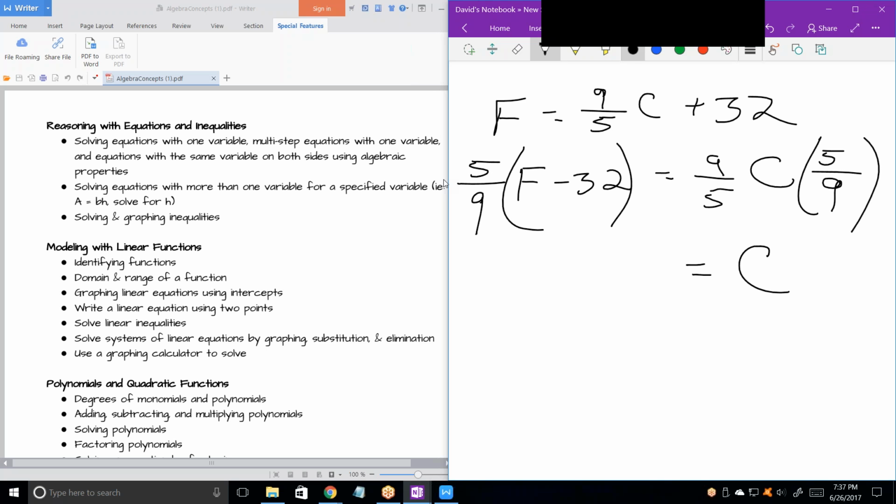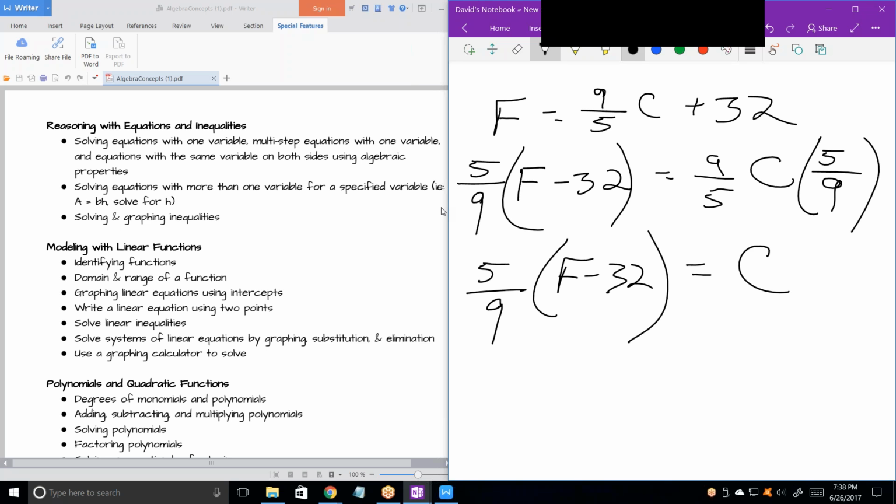Now let's simplify the left side if we can. We don't necessarily have to simplify the left side. And in fact, the only reason we would want to simplify, by simplifying I mean distribute this, is if 5/9 times 32 turned into a number. But it doesn't. It becomes 160 divided by 9, so it stays a complicated fraction, which means there's no need to really distribute that. And I could give that as a final answer.